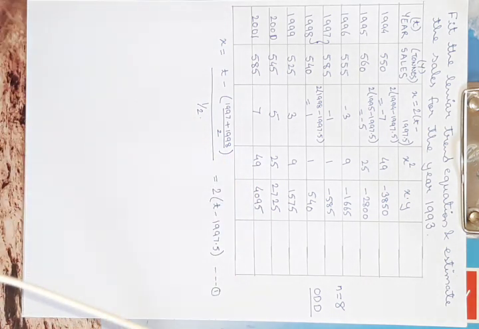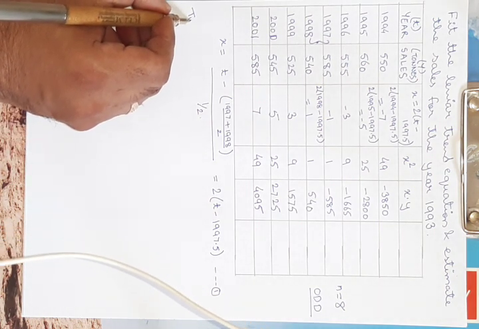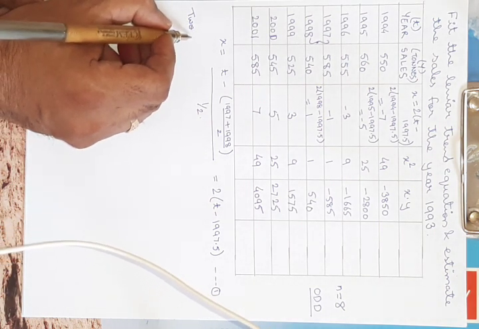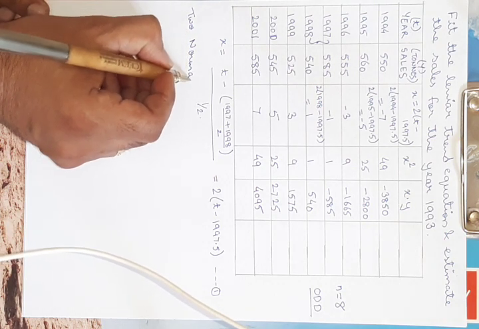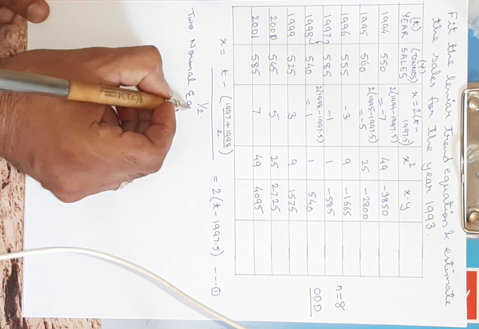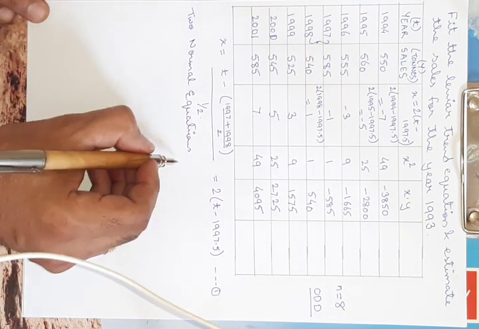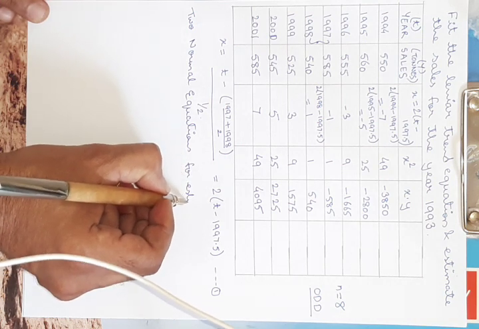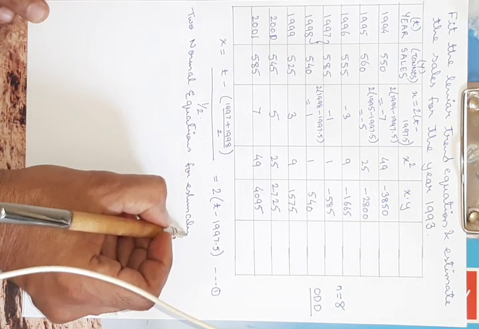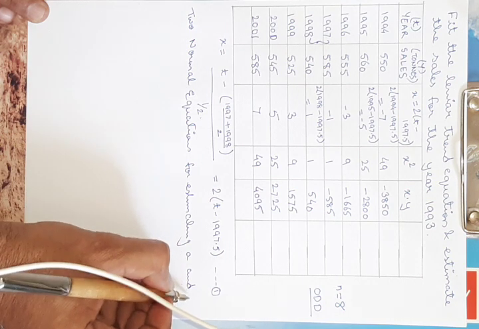So friends, here we need to calculate the two normal equations. How do we get those two equations for estimating the values of A and B?